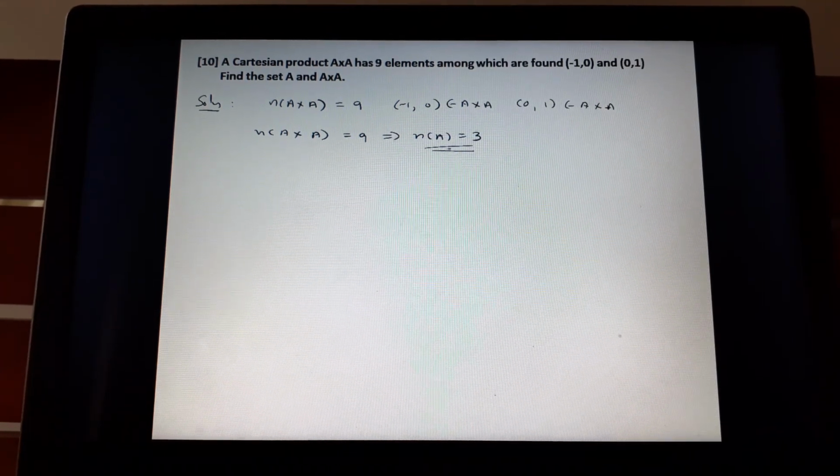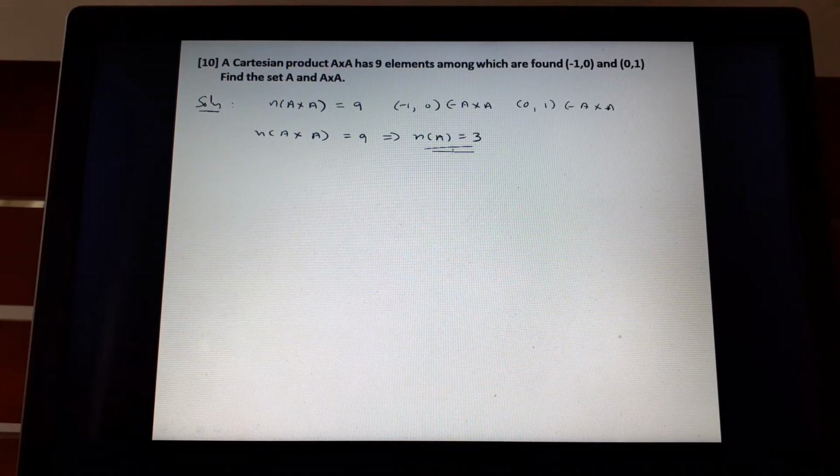Now my job is to find what are the actual elements of this set. Now (-1,0) belongs to A cross A implies -1 must be in A and 0 also must be in A. So A has 2 elements now, one is -1, another one is 0. Take the second condition also.